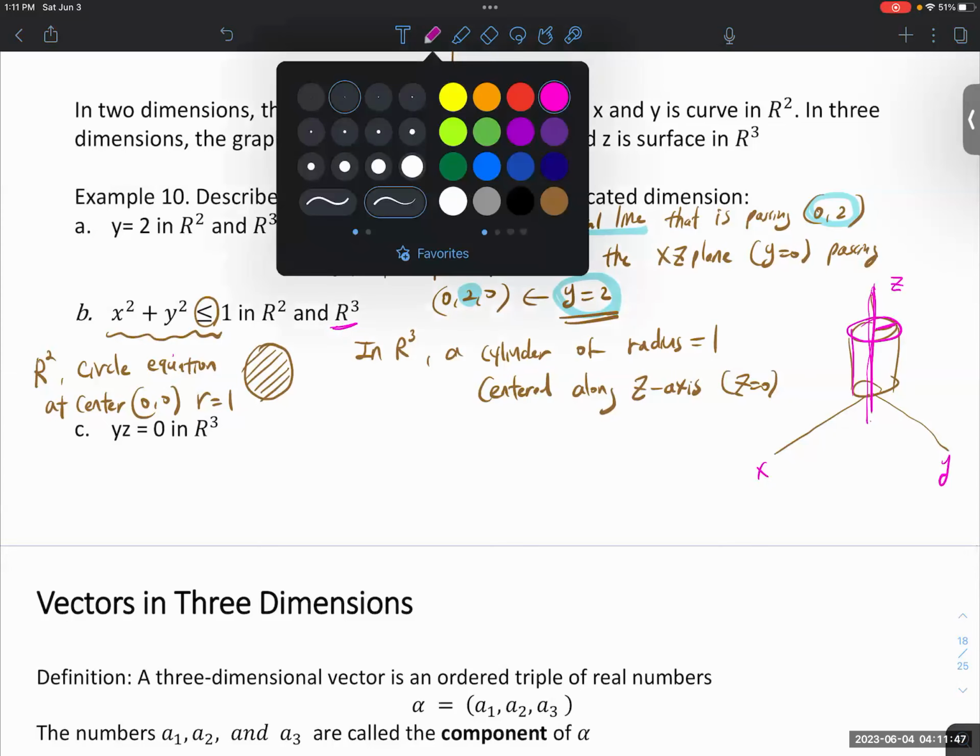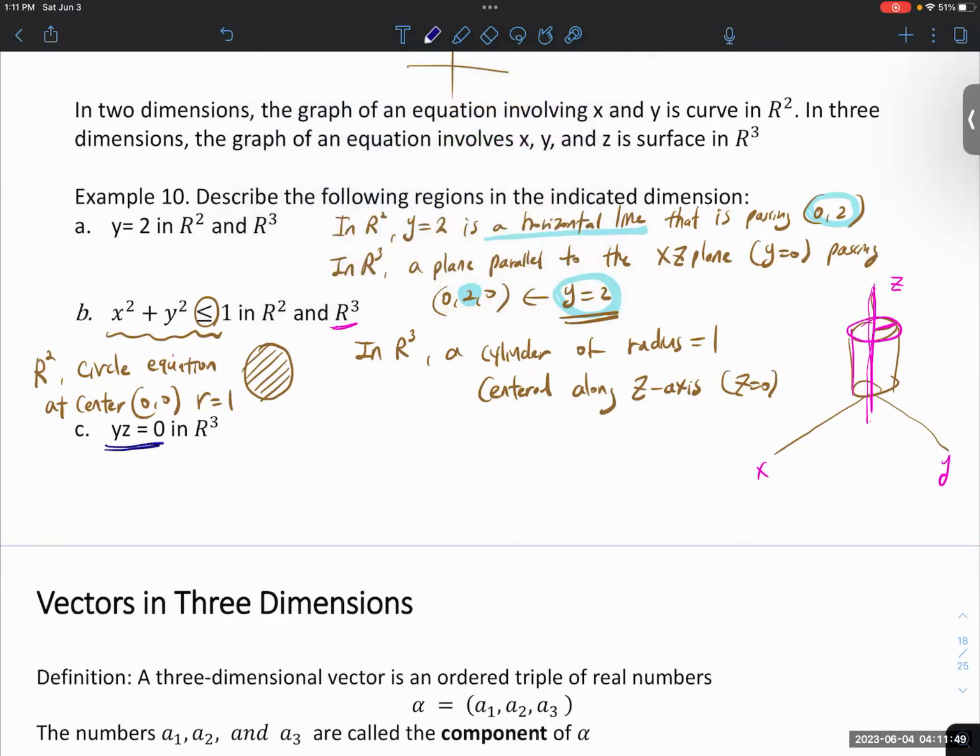Okay, last one, y is equal to 0. That means mathematically either y equal to 0 or z equal to 0, correct? So what does it mean y equal to 0? That is the xz plane, and then z equal to 0 is the xy plane, right?